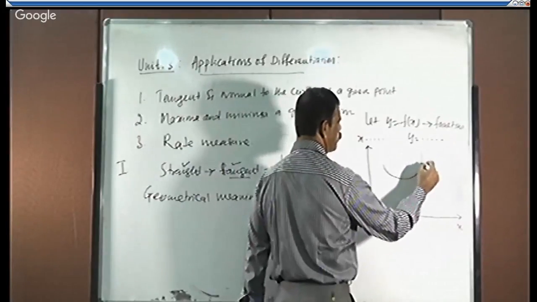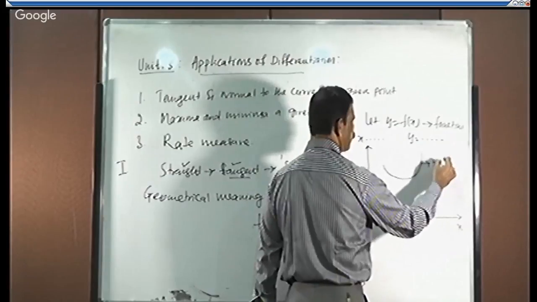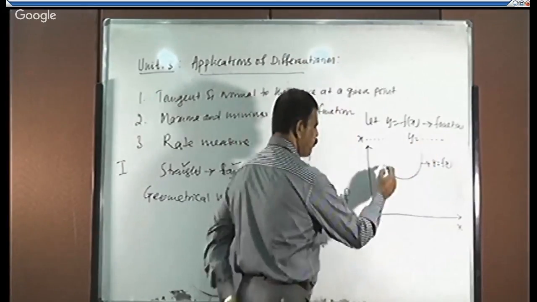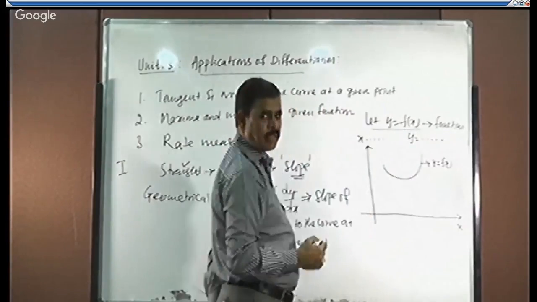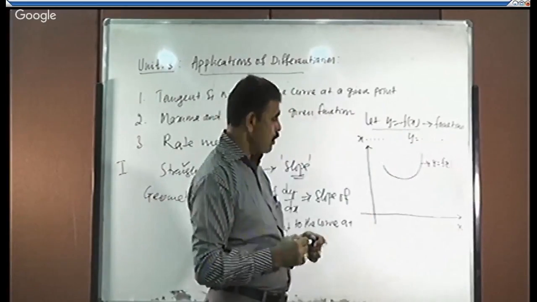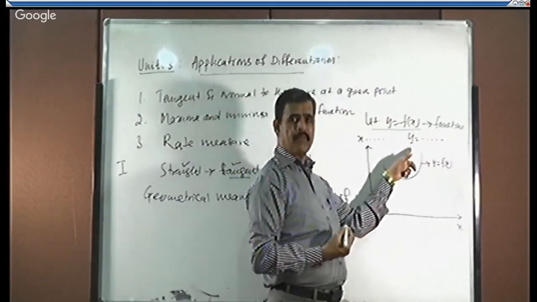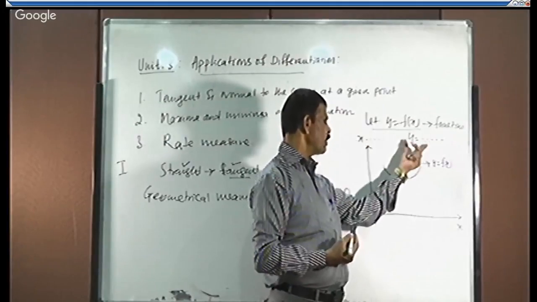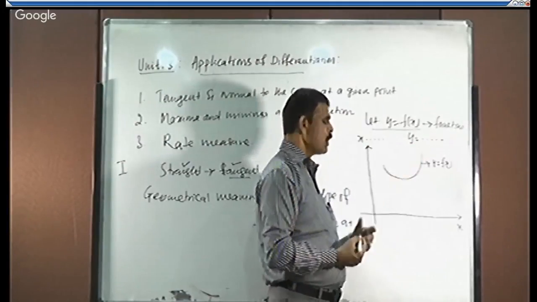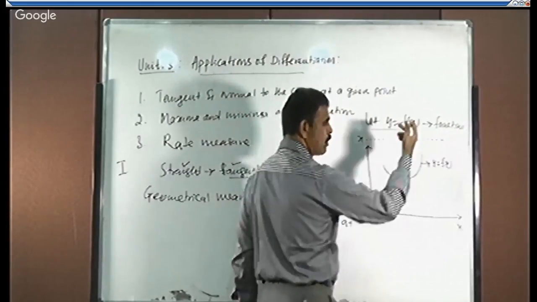Assume that this is the curve obtained for y is equal to f of x. For different values of x, there must be corresponding values of y, right? Using the x values and corresponding values of y, if you draw the graph, you will definitely get some type of curve.